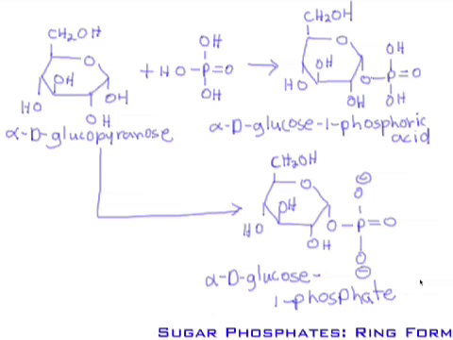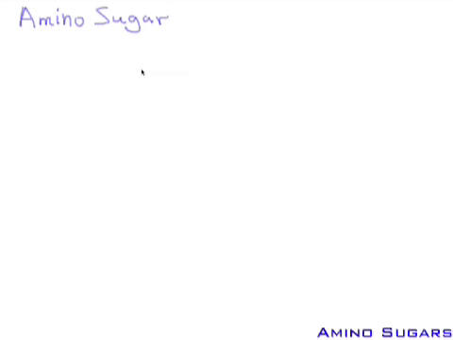Now, the last biologically important monosaccharide derivative that we want to look at is the amino sugar. Amino sugars are monosaccharides in which the OH functional group has been replaced by an NH2.